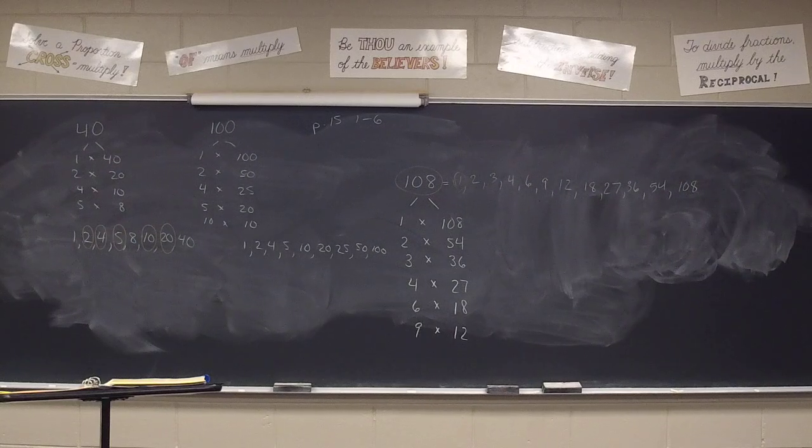Good, now do the same thing for 12. And when you're done, you're going to be able to find common factors, which you'll write off to the side. So basically doing exactly what we did on the board.